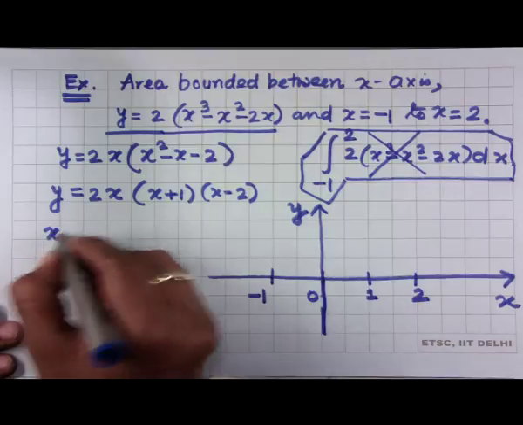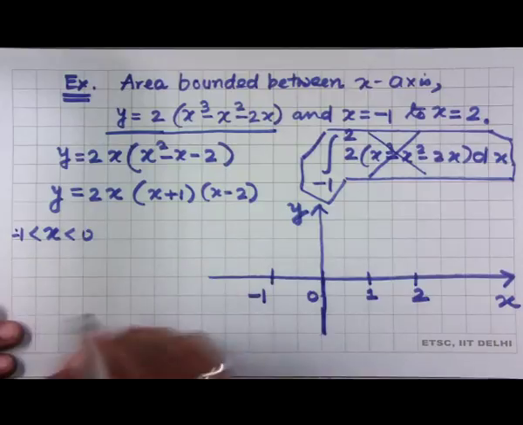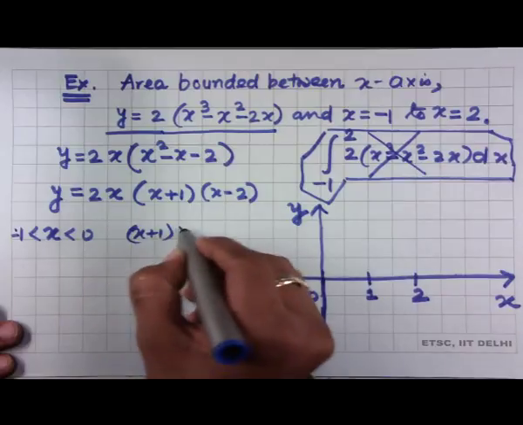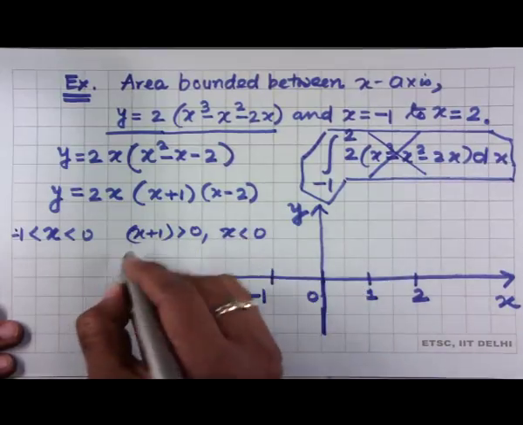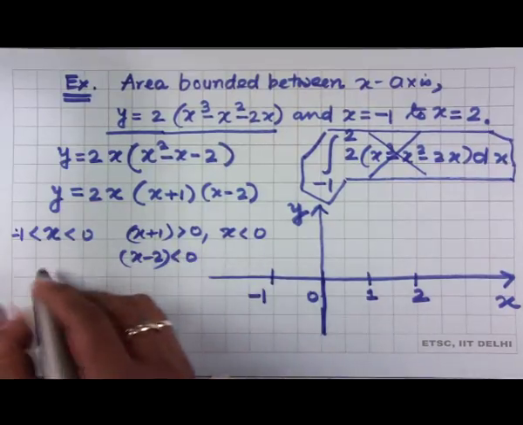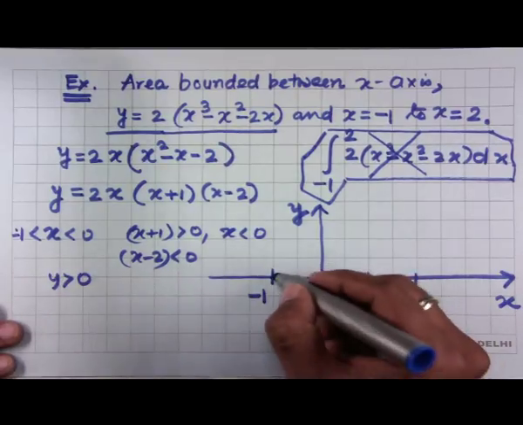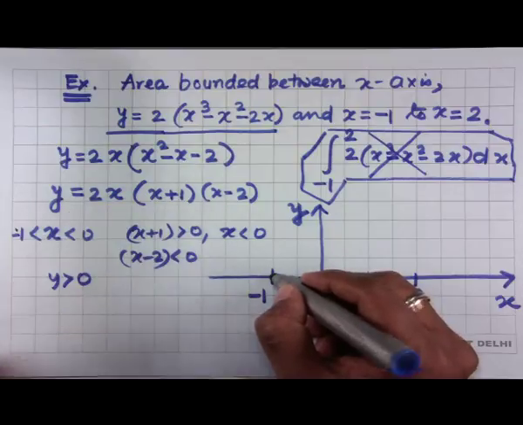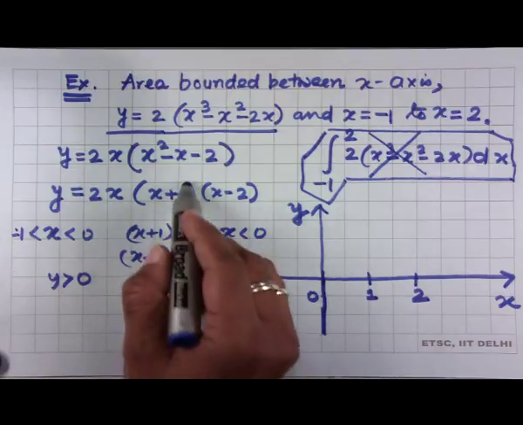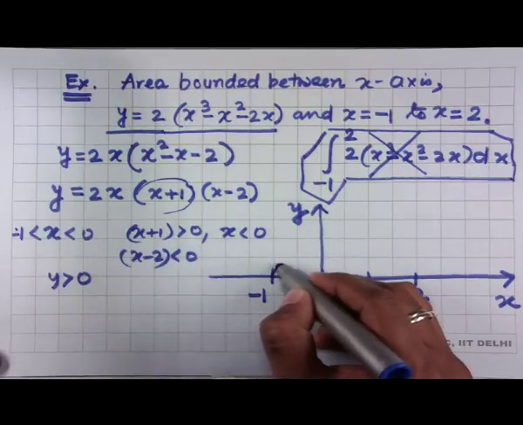Now, when x is between minus 1 and 0, x plus 1 will be positive, x will be negative and x minus 2 will be negative. So, y is positive. So, once x is less than 0 and greater than minus 1, this term is positive, this term is positive, this is negative, this is negative. So, total is positive. So, it will be like this.